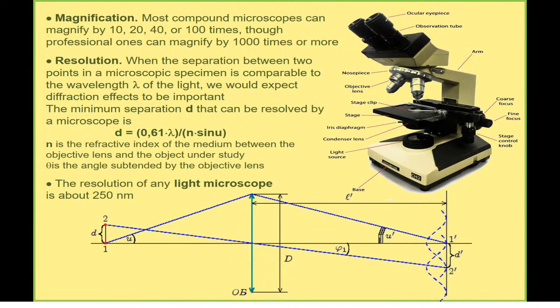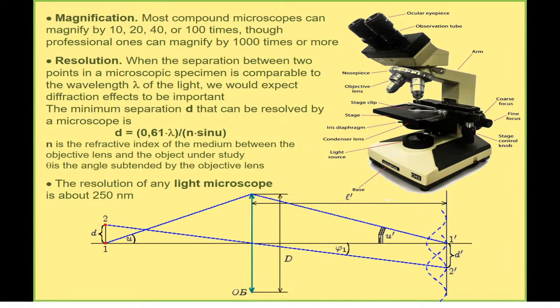So the magnification might be from 10 up to 1000 times or more, but you should take into account not only the opportunity to magnify the linear size of the object under investigation, but also the invaluable information about the object and the details that you can observe. That is why resolution should be taken into account.